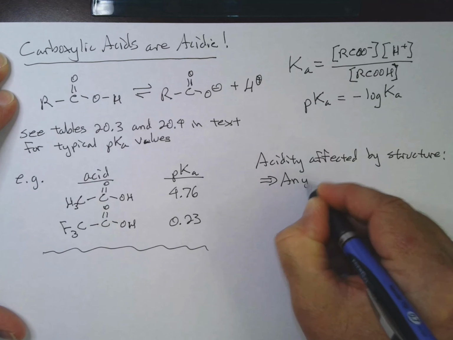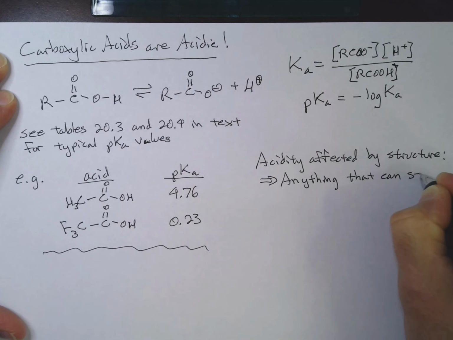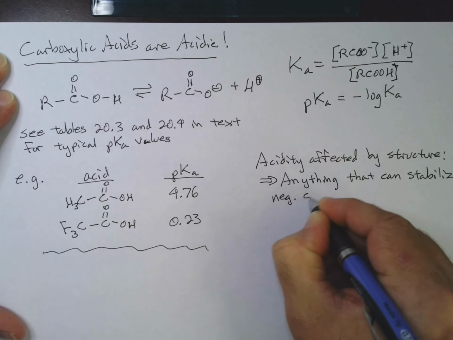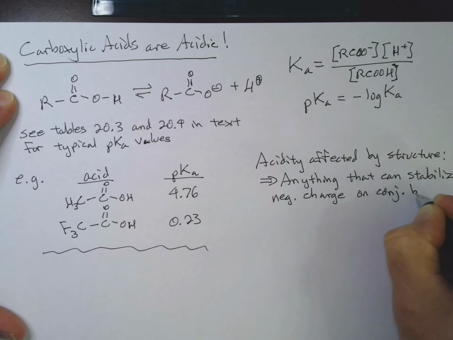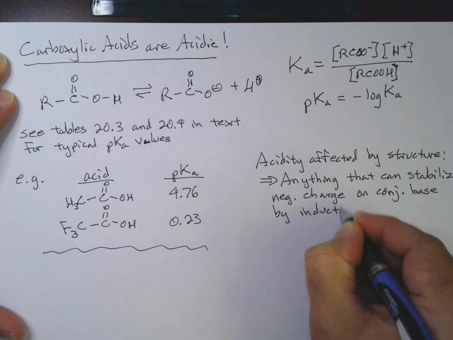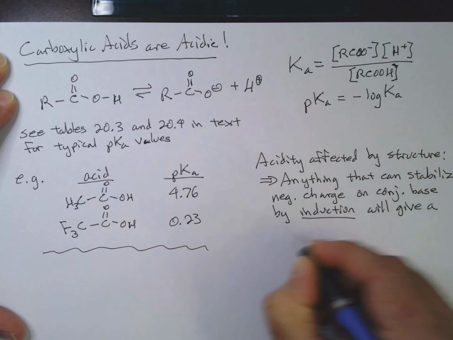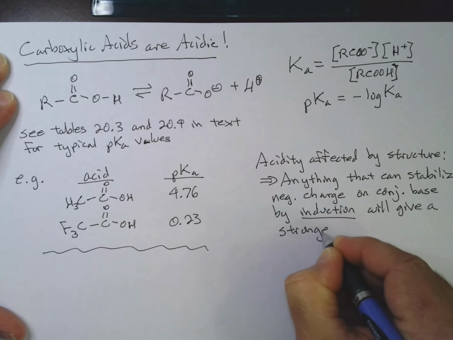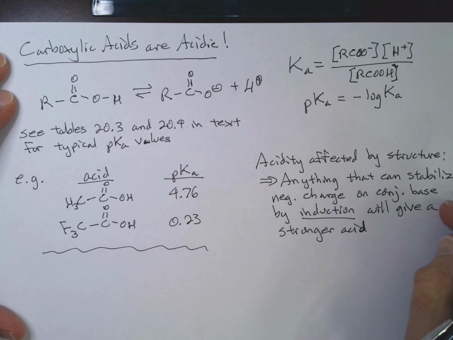So let's just say here, anything that can stabilize negative charge on conjugate base by induction will give a stronger acid. Because remember, the more stable the conjugate base, the stronger the acid that it came from was.